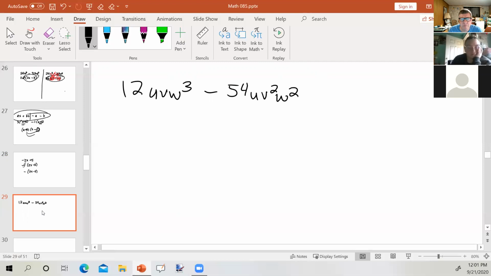What goes into 12 and 54? Does 12 go into 54? No. How about 6? I think 6 goes into both. So we need a 6. We've got 1 u in both terms. We've got a v and a v squared, so we'll take the lowest power. We've got w cubed and w squared, so again, we'll take the lowest power.